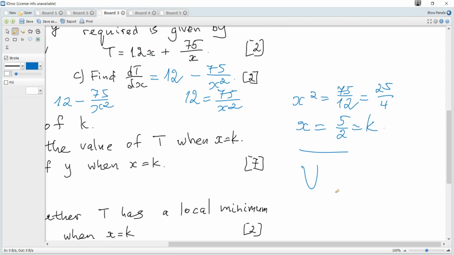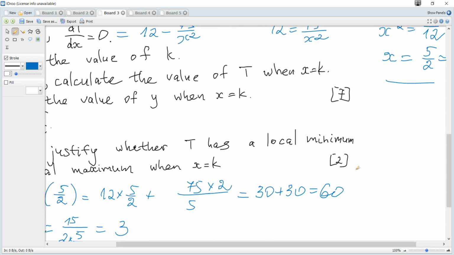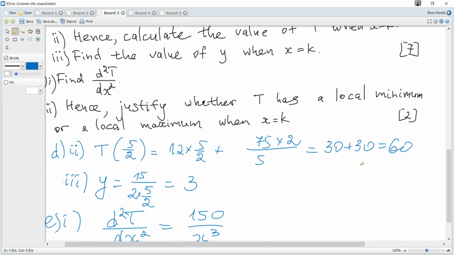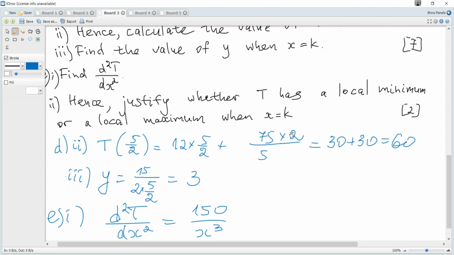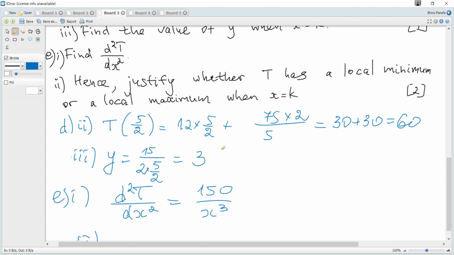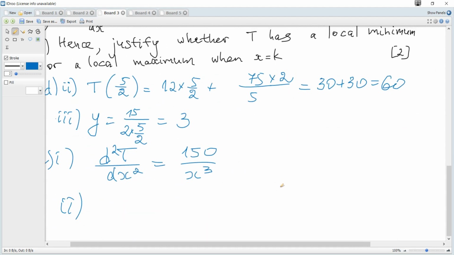To state whether it's a local minimum or maximum, one of two methods is to find the second derivative. When the second derivative at the point where the first derivative is 0 is greater than 0, it's a local minimum, and when the second derivative is less than 0, it's a local maximum.